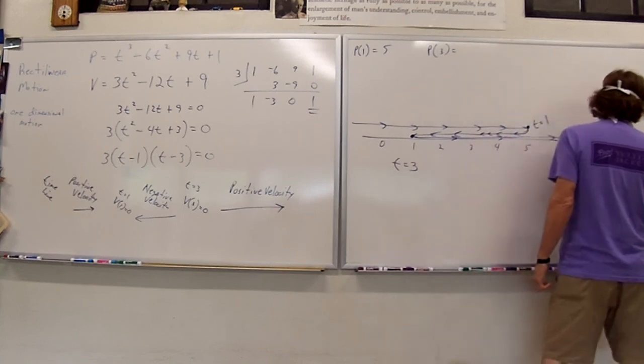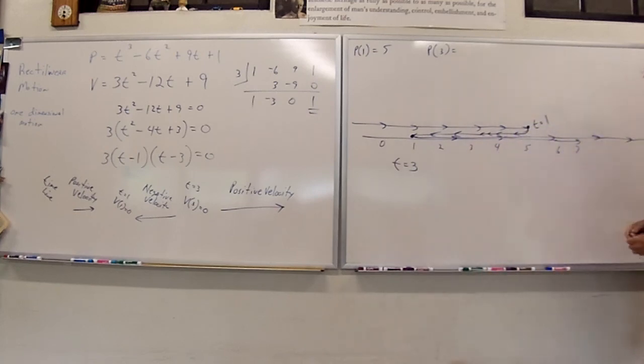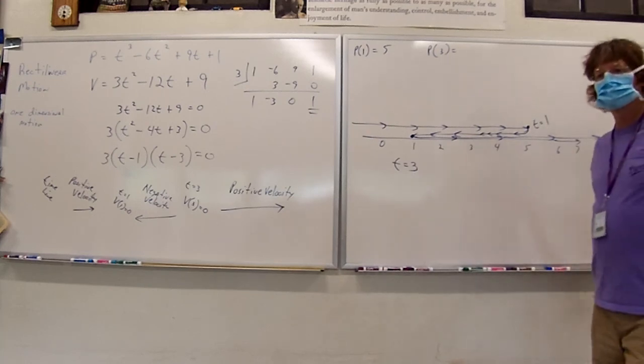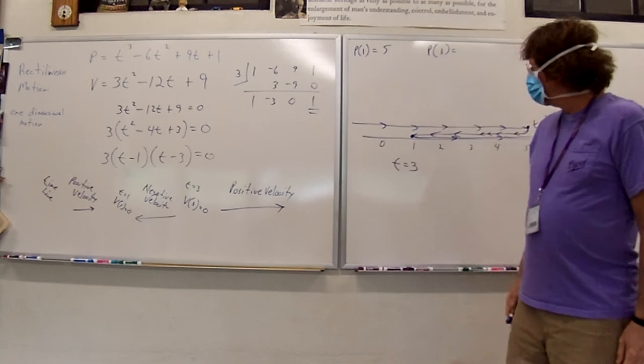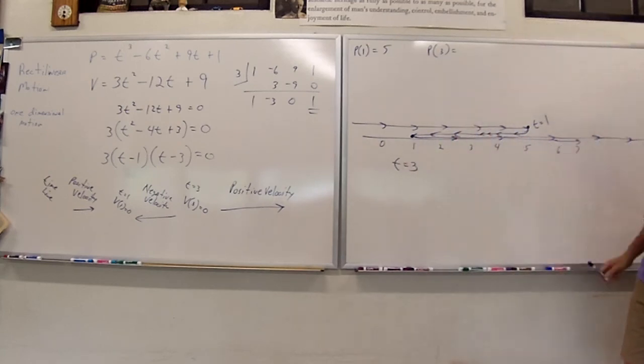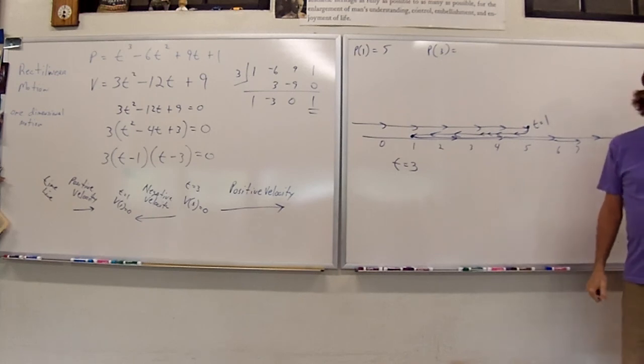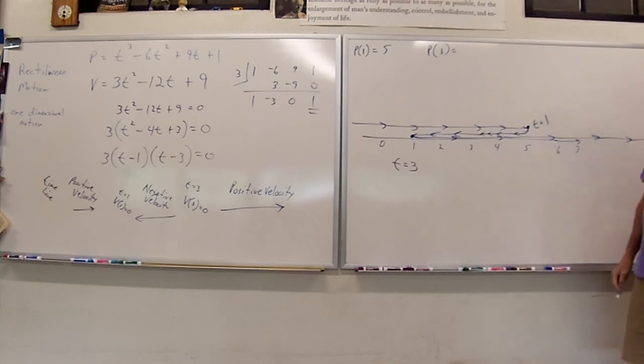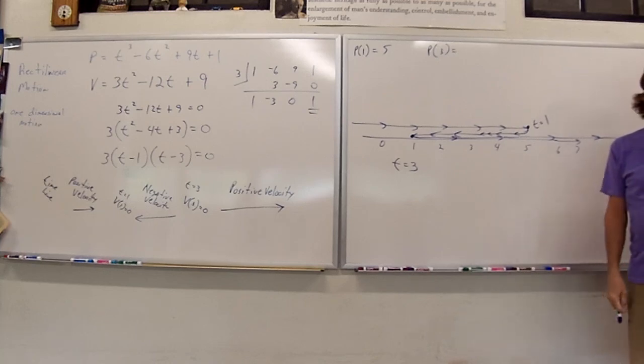And how do I know it never turns around again? Because, why? Not another 0. And that graphs the motion of the little particle, the little runner, or the movement. We'll stop there. Let you look at it for a second.